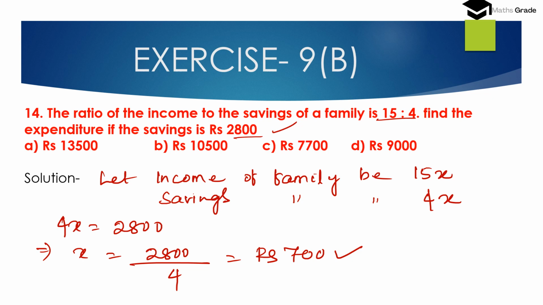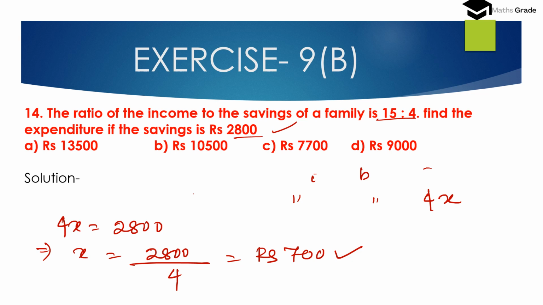Now income will be 15x, which is equal to 15 multiplied by 700.